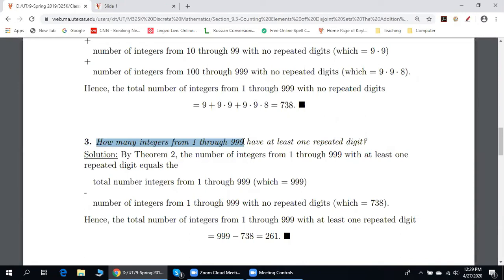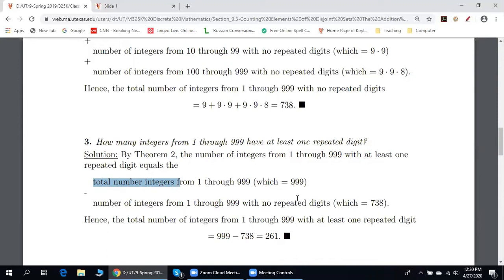By theorem 2, the number of integers from 1 through 999 with at least 1 repeated digit equals the total number of integers from 1 through 999 minus the number of integers with no repeated digits, which is 738 by the previous exercise.